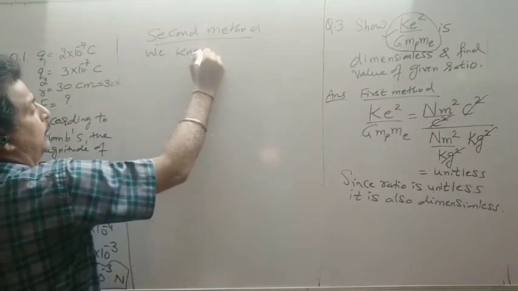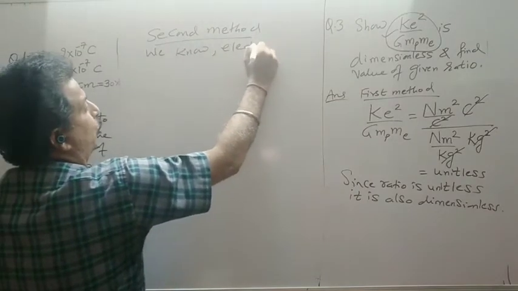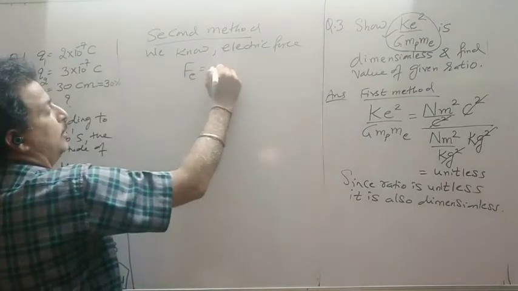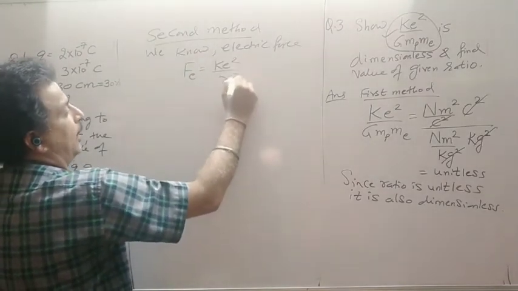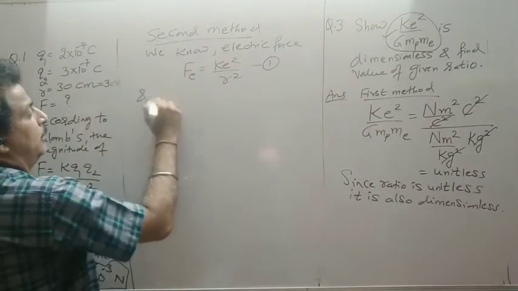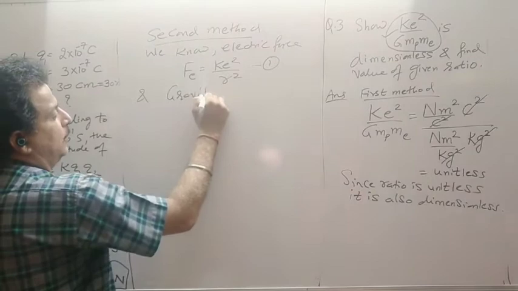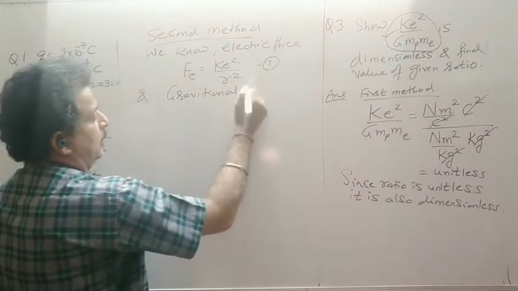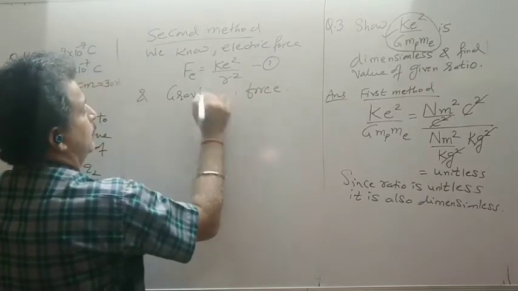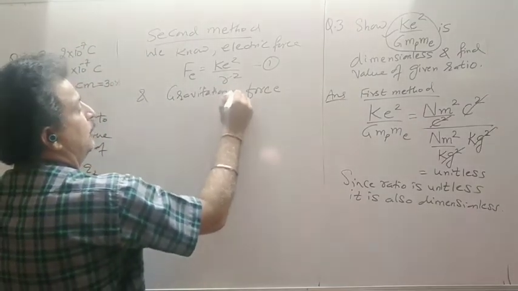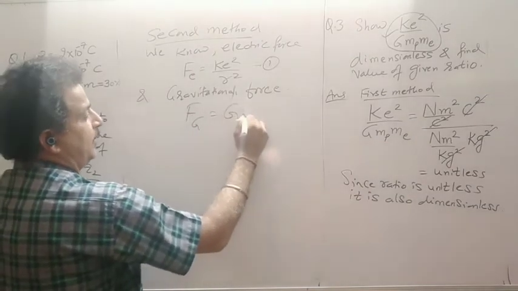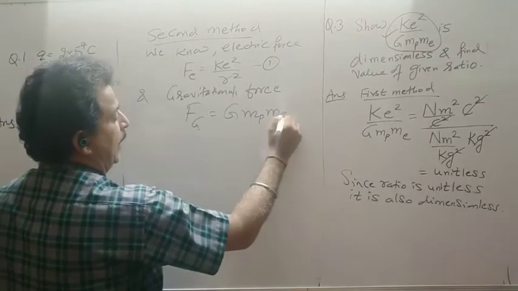We know the electric force Fe is equal to K e square upon R square, that is equation 1, and the gravitational force Fg is equal to G Mp Me upon R square.